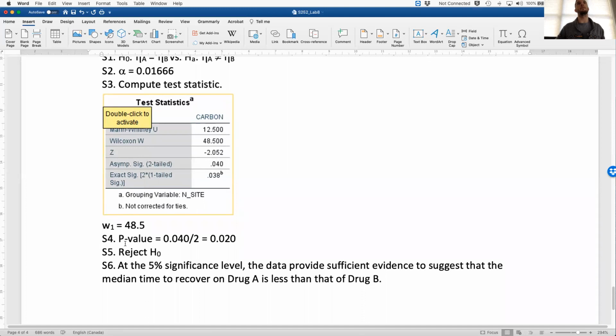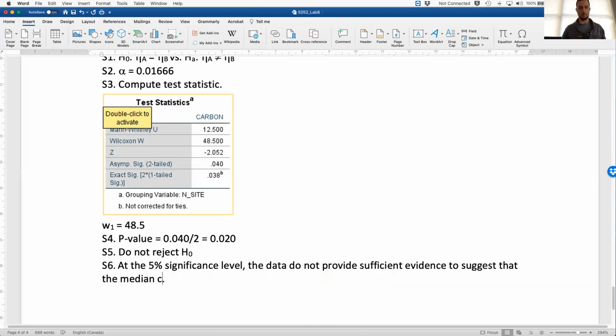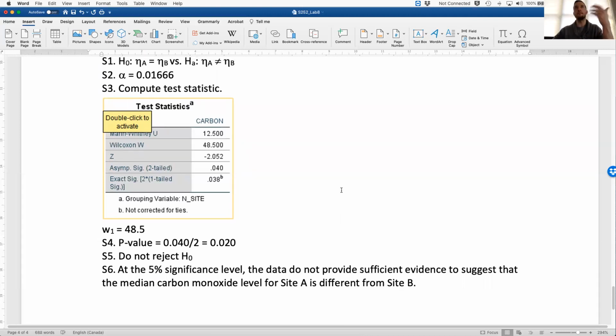This is larger than the comparison-wise error rate, so we do not reject. And then we would say at the 5% significance level, the data do not provide sufficient evidence to suggest that the median carbon monoxide level for site A is different from site B. Okay, so this would be the full procedure.